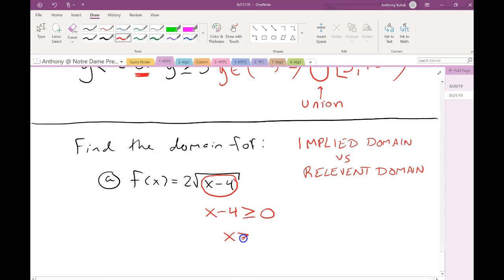So if I add 4 to both sides, I get this, which I can write in interval notation. Everybody okay with that?